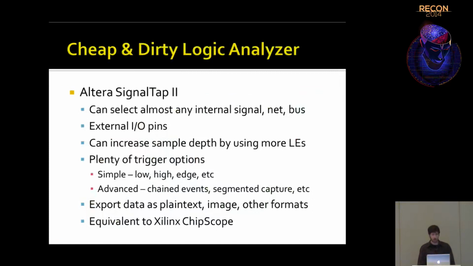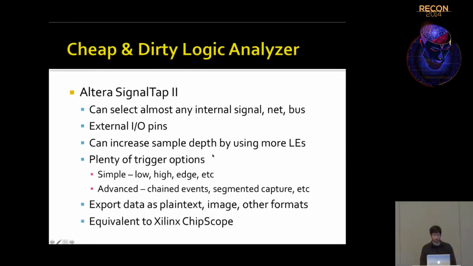And something I'd like to highlight, if you guys are using FPGAs but don't know about it: Altera SignalTap II is a great cheap and dirty logic analyzer. What it is, is logic that gets baked into the FPGA bit stream, but it's also a software piece, part of Quartus, where you can pull it up and select almost any internal signal, net or bus, and external pins, so those will be your pin icons in your actual top-level design, and it allows you to capture the data on those pins and store it.